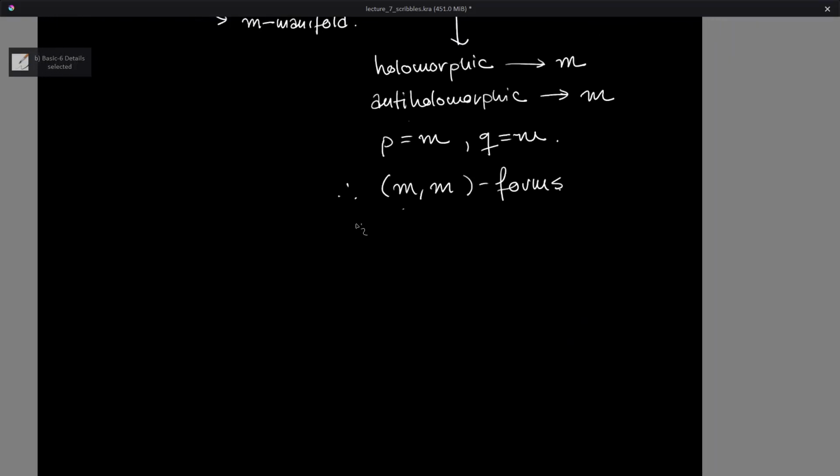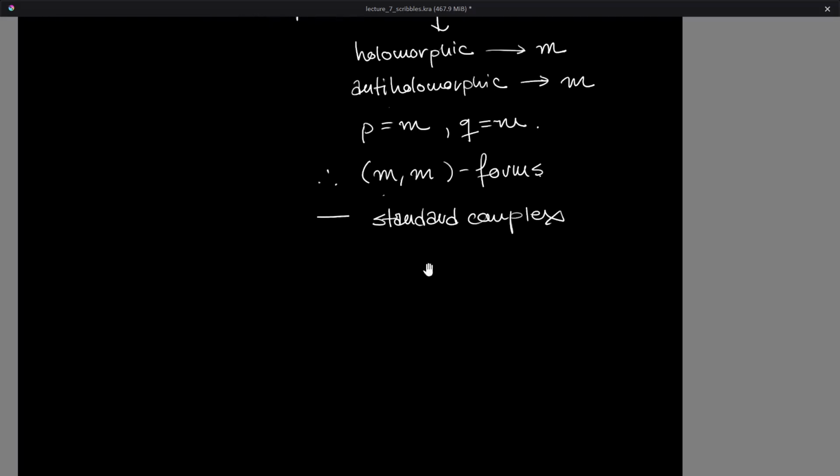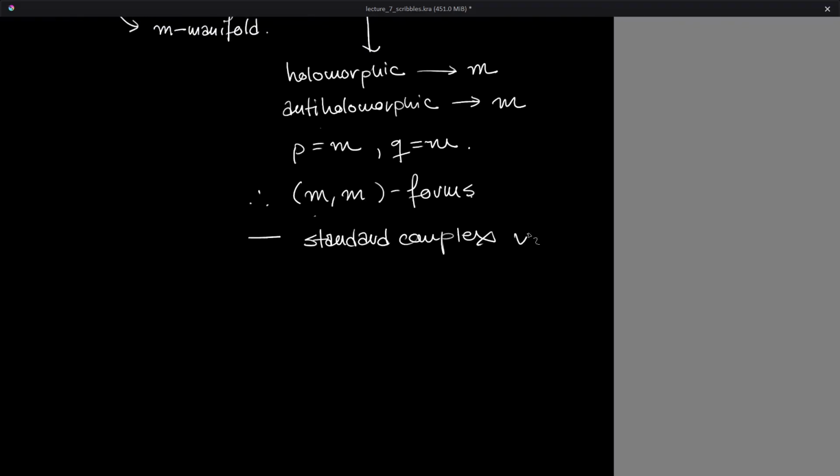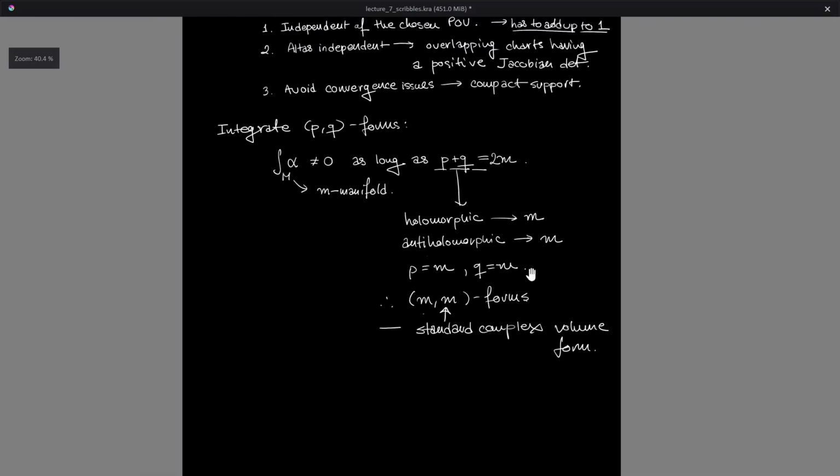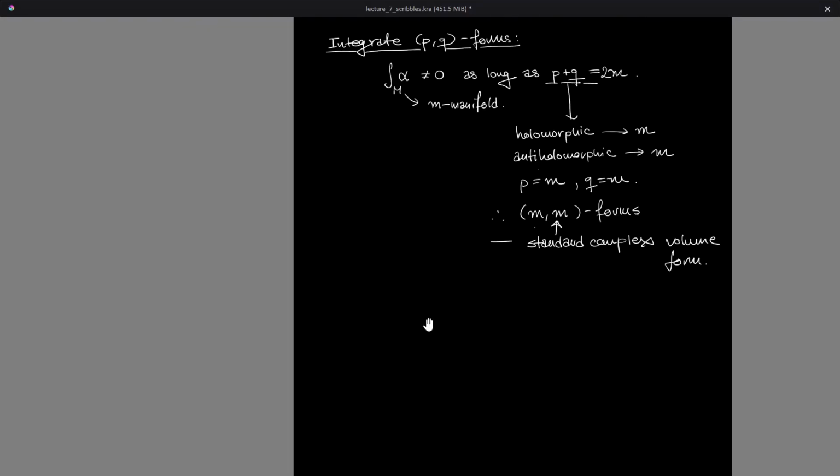And remember, notice that our complex standard volume form was a top degree form of this variety. So that is how you integrate PQ forms, or if there are any restrictions. It's just that the only kind of PQ forms that you can integrate are MM forms on an M manifold.